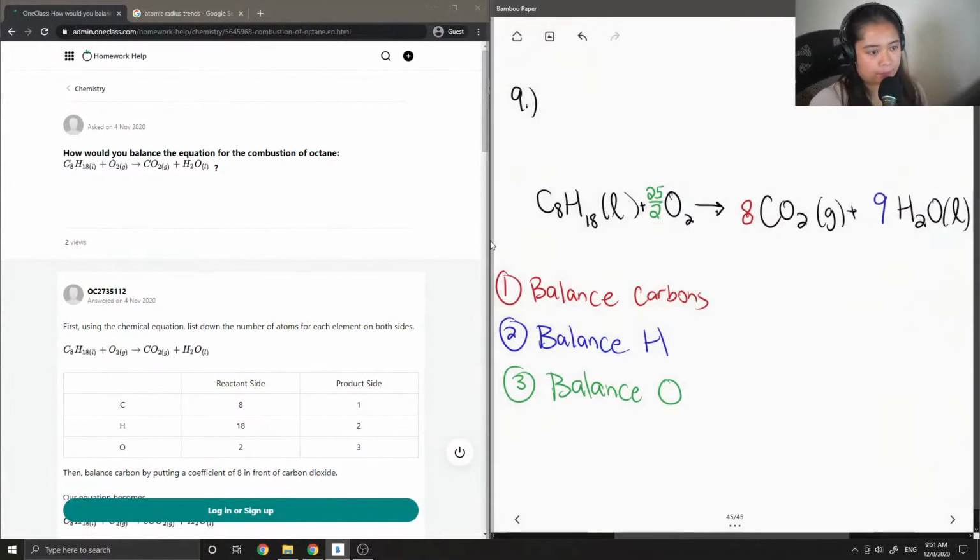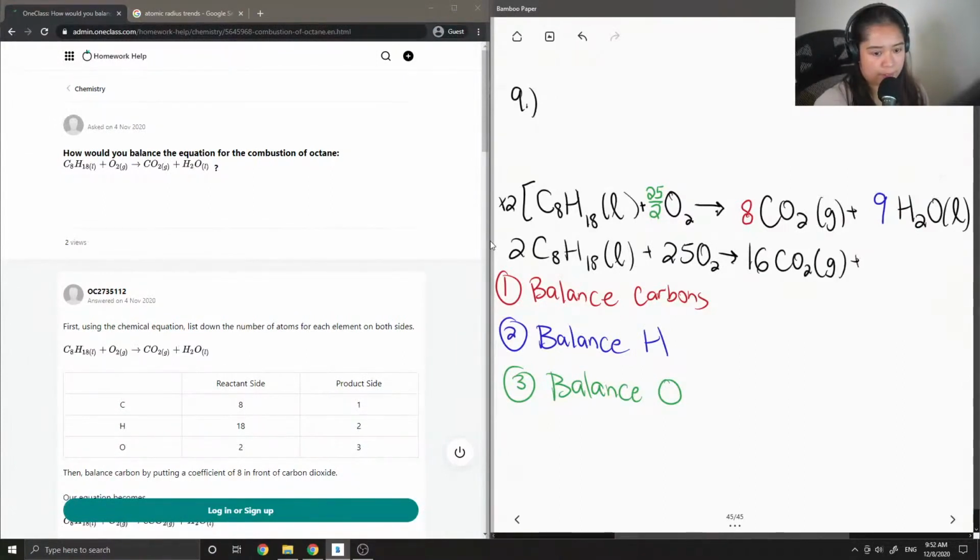But if you don't want to have a fraction, you can multiply this whole thing by 2 to get 2 C8H18 plus 25 O2 makes 16 CO2 plus 18 H2O.